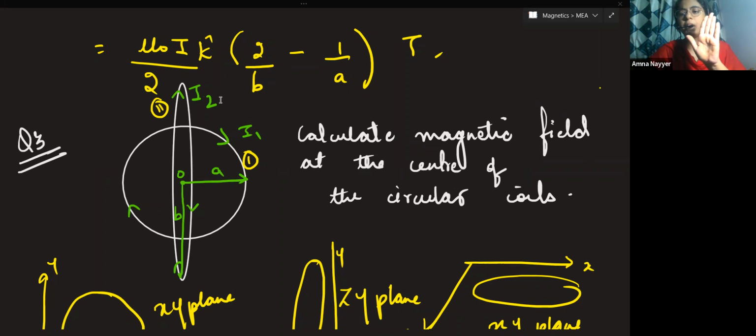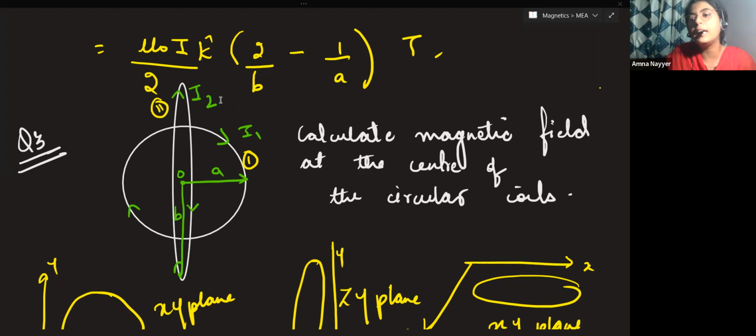For example, current is moving in this direction. This is clockwise, so I have to curl my fingers clockwise. Try this at home also. If you curl your fingers clockwise, the thumb is going inwards. That is minus k cap.